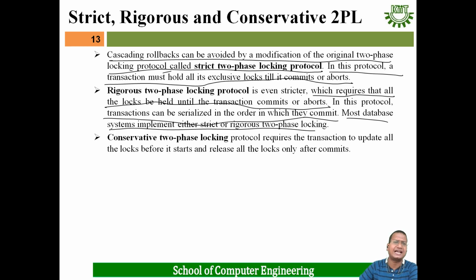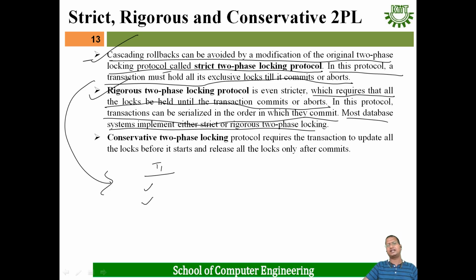In case of strict 2PL and rigorous 2PL, cascading rollback is not present in both cases. Why is cascading rollback not present? Suppose transaction T1 applies some lock on any data items, then it will unlock after commit.